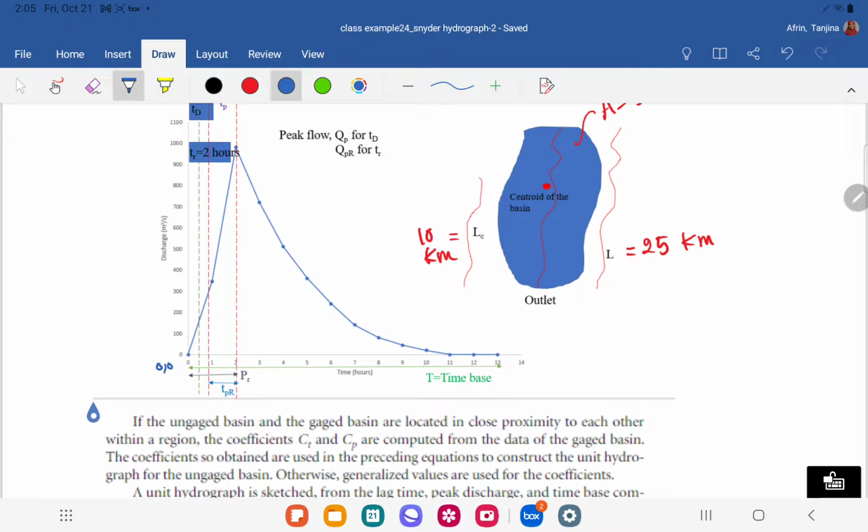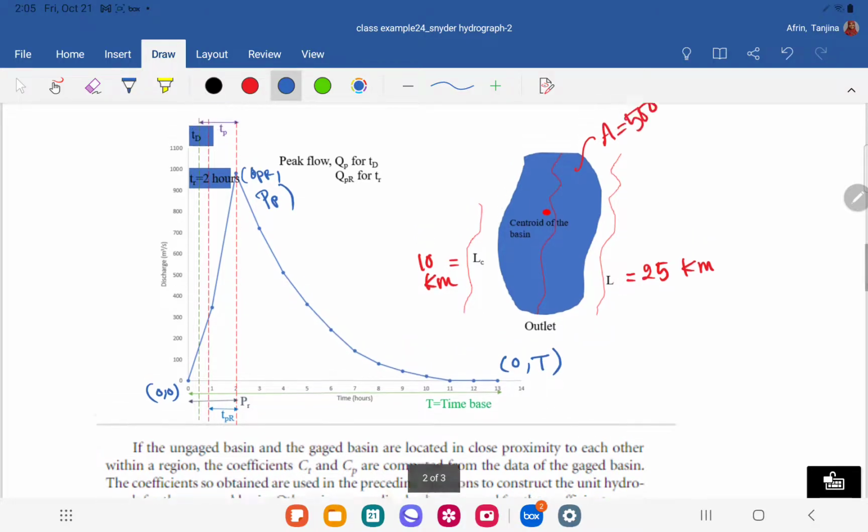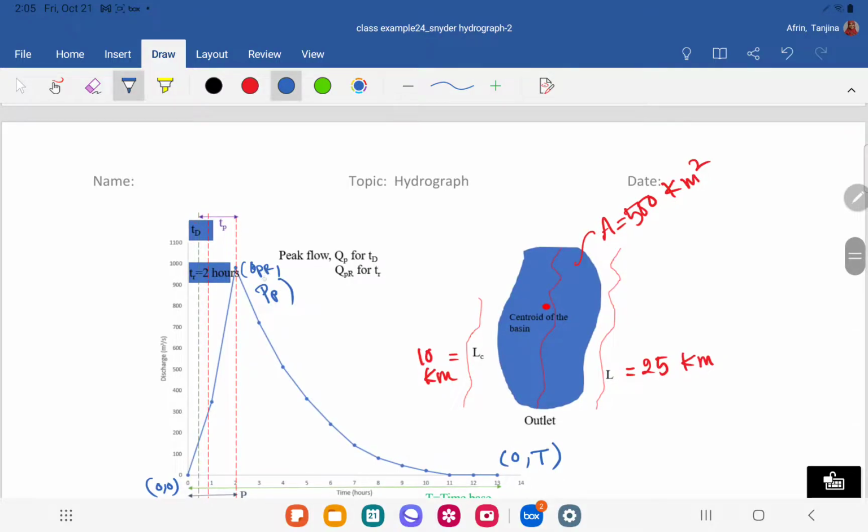This is our 0 0, we already know that. This is our Q peak, QPR with the TPR, and we don't know the PR yet, and this one will be the very last one, which is 0 with the time base, right? So we need to find out at what time the QPR will be achieved. So that is the PR.